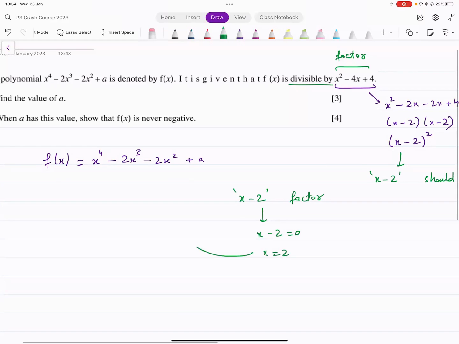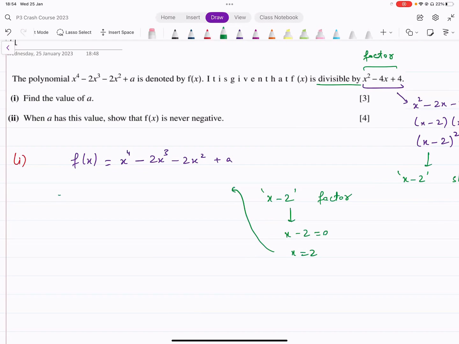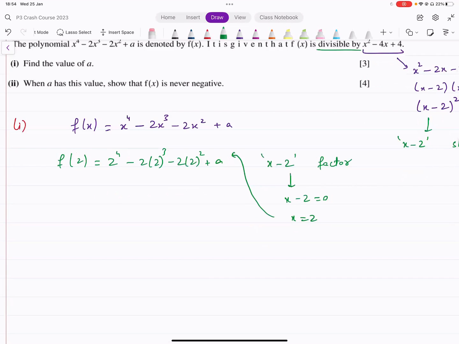We put this value of x in that function, and that gives us f of 2 equal to 2 raised to power 4 minus 2 into 2 raised to power 3 minus 2 into 2 squared plus a. Now, since x minus 2 is a factor, this remainder should be equal to 0. So we put this equal to 0. We get 16 minus 16 minus 8 plus a, and the value of a turns out to be 8.